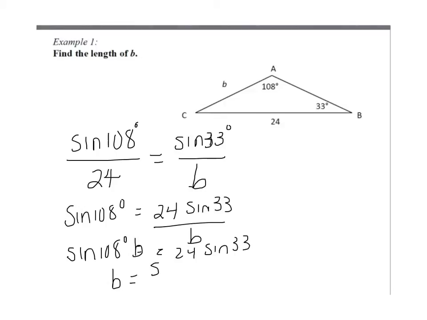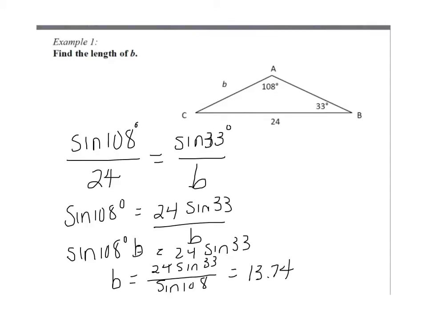So I wrote this out because I want you to see that there's a pattern here. If I have 24 sine of 33 over the sine of 108, that's going to equal 13.74, and I hope somebody has a calculator and they're double checking me on this.